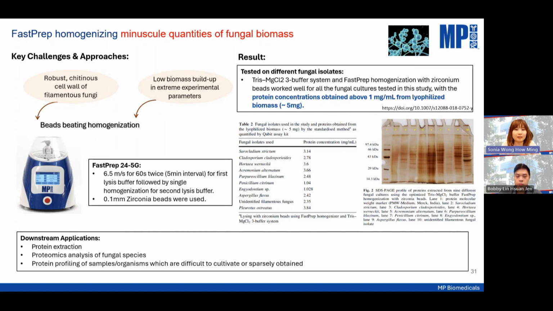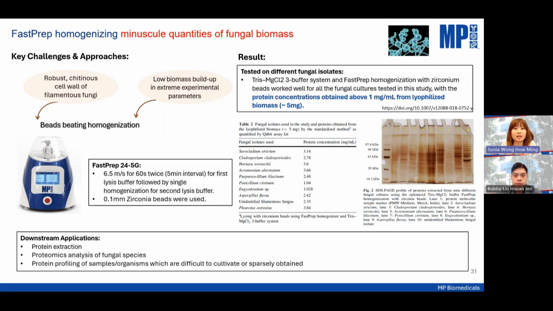In this group, researchers are trying to extract fungal isolates from different strains. Some culture amounts might be lower, some might be more. But what they are trying to do is homogenize it in a way that they can get the proteins to do protein profiling.